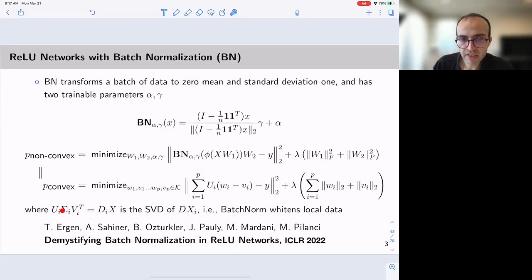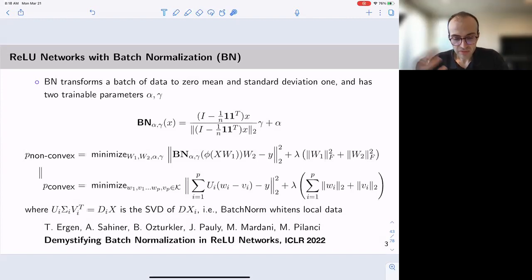In other words, applying batch normalization here whitens the data, but locally: you take D_i times X, which is a local data partition, and then you apply SVD and you take the left singular vectors, which is white. That is, it satisfies U_i transpose U_i equals identity.